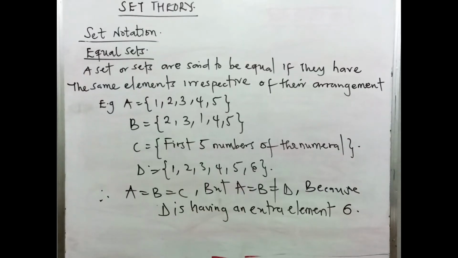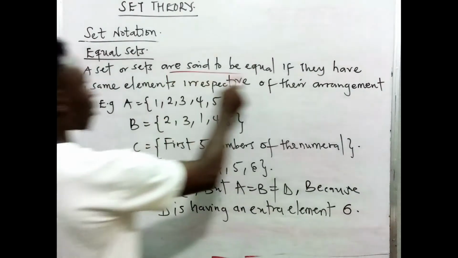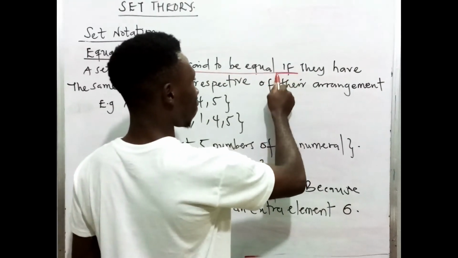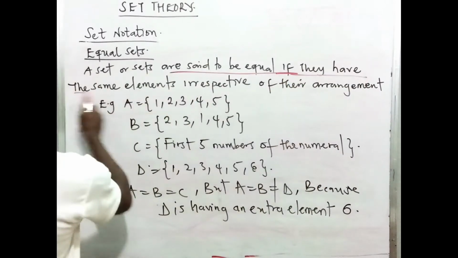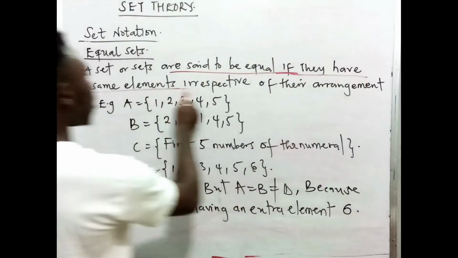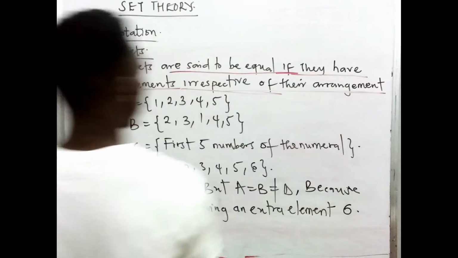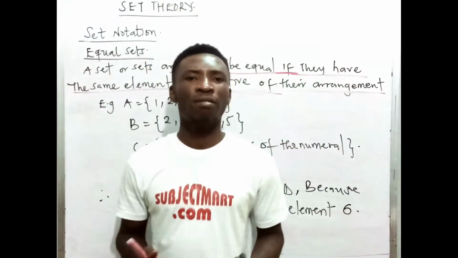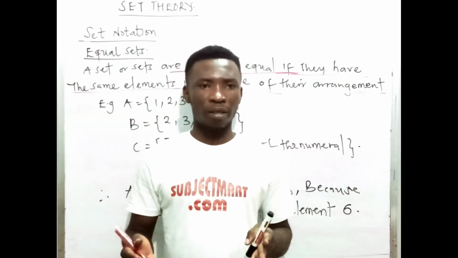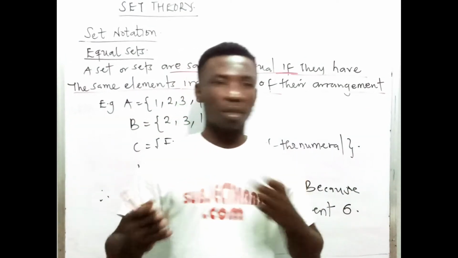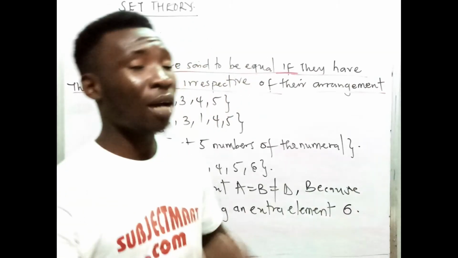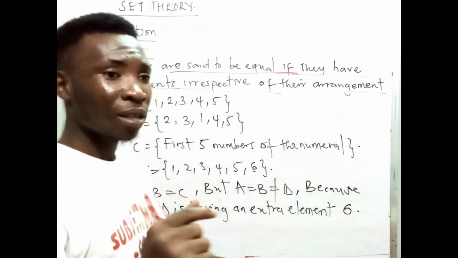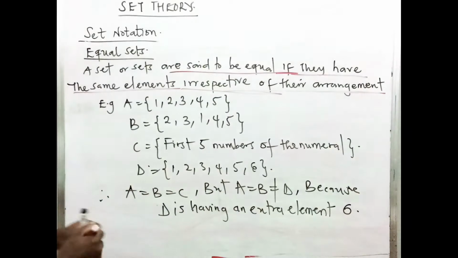Now, equal sets. Sets are said to be equal if they have the same elements, irrespective of their arrangement. No matter how you arrange them, they have identical elements.